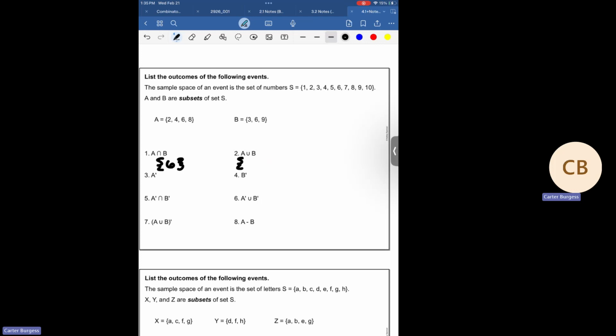No. Okay, so 1's not going to be in this set. Do we see the element 2 in A or B? Yeah, it's in A. Does it matter that it's not in B to fit the bill? Do I have to go to both the bank and the store to have gone to either the bank or the store? No, I just have to have gone to one. In this case, 2 went to the store. That's okay. We still want to include 2 in our list. Yeah, 3 went to the bank, 4 went to the store, 6 went to both, 8 went to the store, 9 went to the bank. Yep.